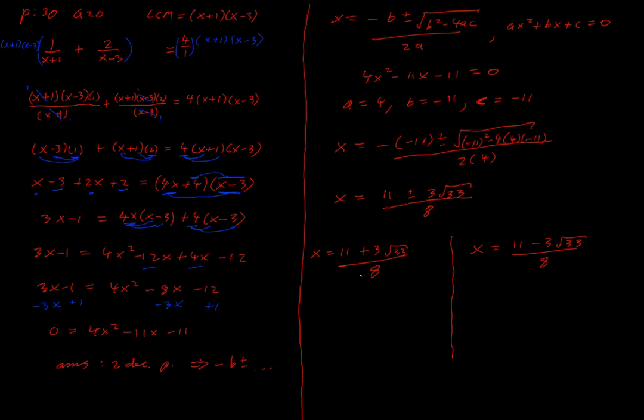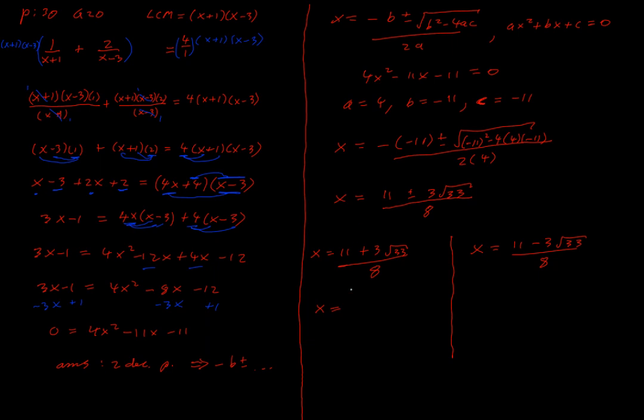And now this stuff can all go into the calculator. As an aside, if it had asked you for your answer in surd form, means leave the square roots as they are, so that means that this would be your final answer in this case. But it asked us for it to 2 decimal places. So we're going to do that.